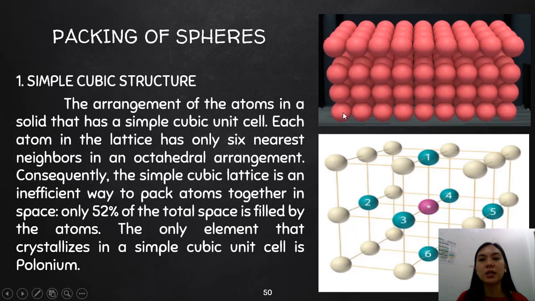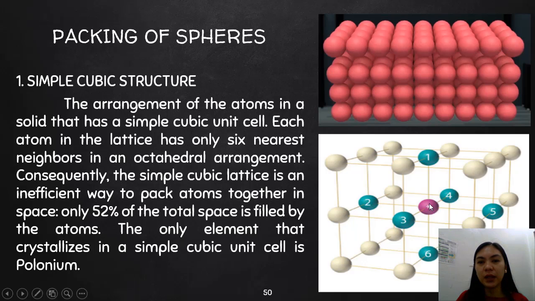Di ba? So parang ganito, example mo yung isang sphere dyan is an atom. Di ba? Para lang siyang nag-stack up on top of each other. So ito, pareho lang ng pagkakapack dito or pagkakastack, ganyan, ganyan. So pareho lang po kung paano sila nagpatong. Such that if you take a look, di ba, ayan o, yan po yung inyong cubic unit cell. And pag punta ka dun sa may bandang gitna, so imagine mo, this is the atom na nasa gitna.